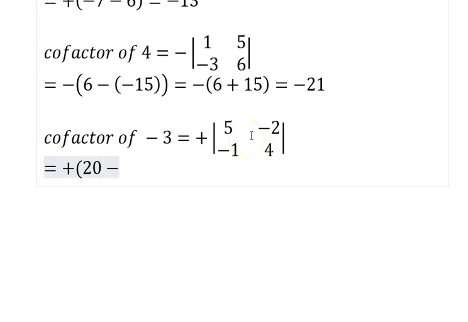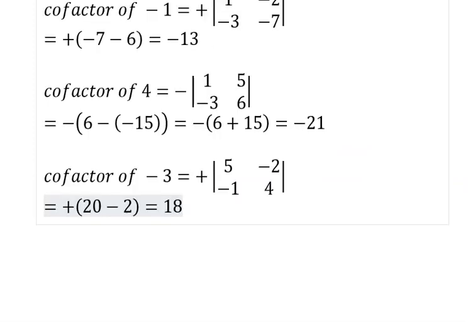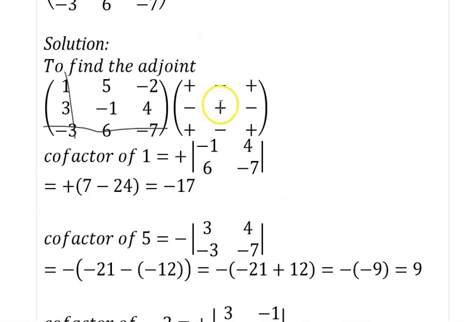Our usual minus. Minus 1 times minus 2 will give us 2, because minus times minus will give us plus. 2 times 1 will give us what? 2. Beautiful. So this one will just be 20 minus 2 will give us what? 18. So move to the next one. Cofactor of 6 now.